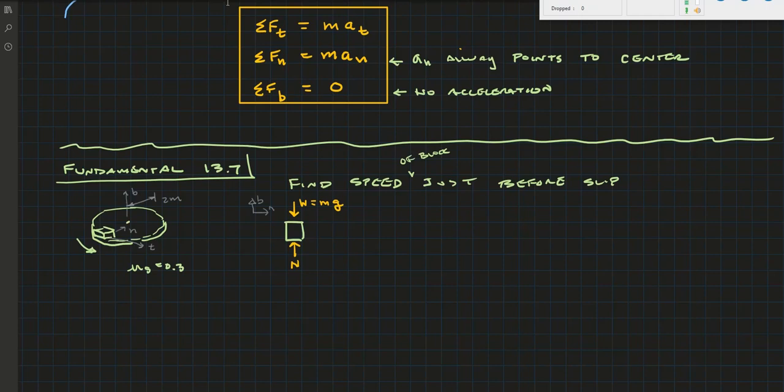And then this will lead to friction. Now, since this block wants to move outside, our friction will resist that in this direction. And then this equals the situation here with mass times the acceleration.